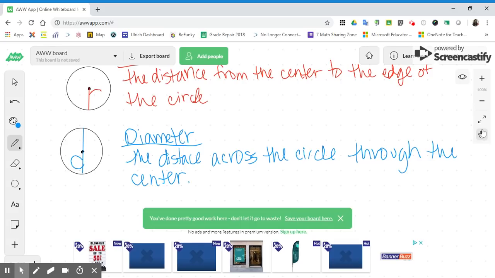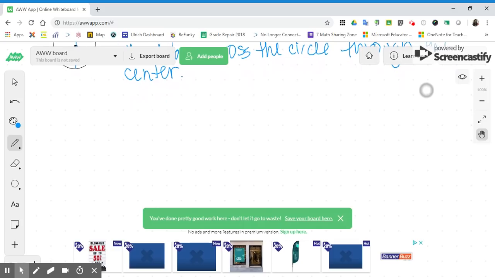So I thought we could take a minute and draw some circles and just label them radius or diameter. So we're going to scroll down and draw some circles. Oops, I don't want it blue though. I'd like it to be the same as all the other ones.